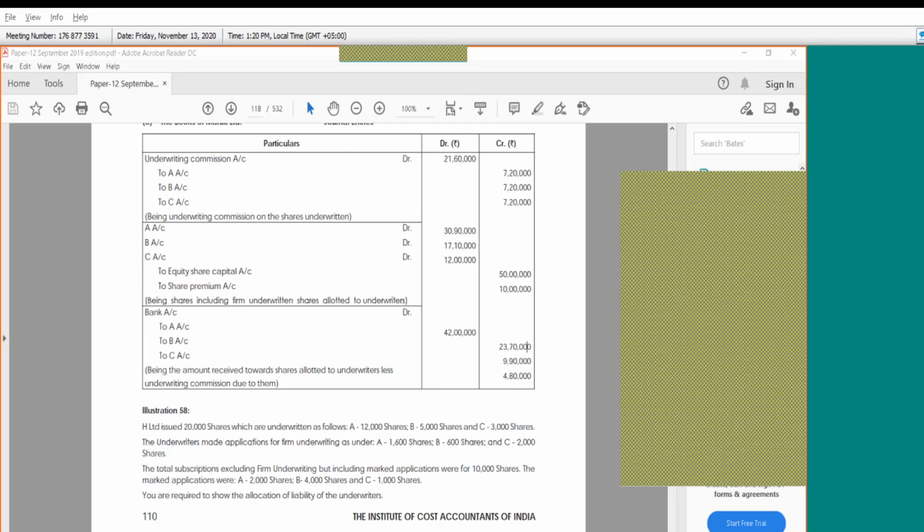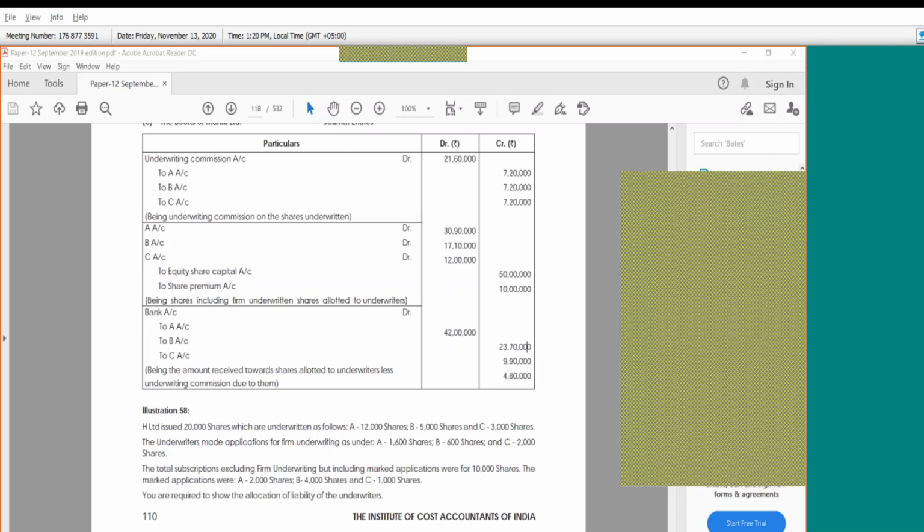The underwriters made application for firm underwriting. Firm underwriting means definitely they have to purchase these shares, whether the public is purchasing or not, whether it is oversubscription or undersubscription. Whatever the scenario, these shares should be purchased only by underwriters.